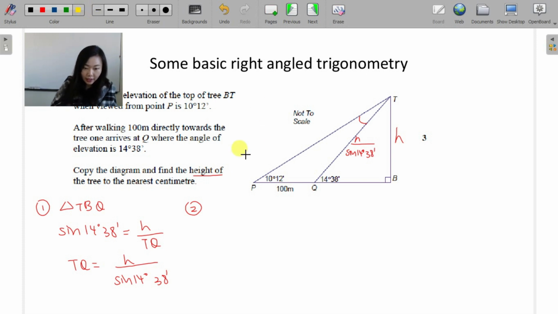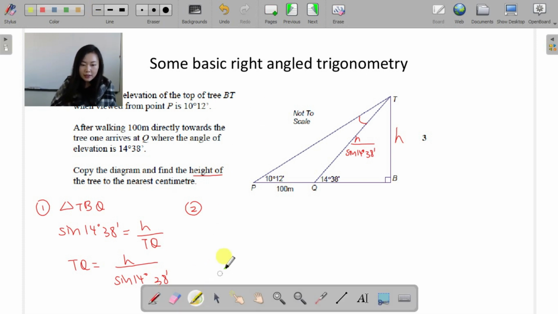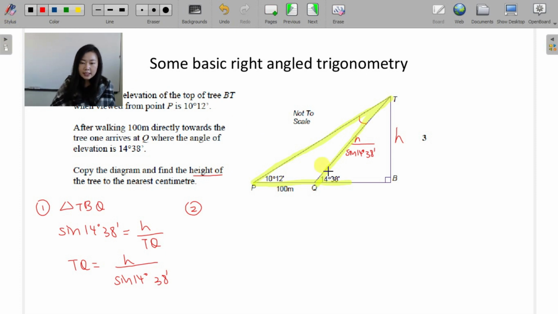Let's see if I can highlight it with a bit of yellow. If you look at this triangle here, that's the exterior angle, and those are the interior angles.